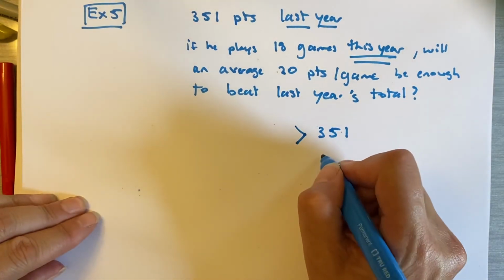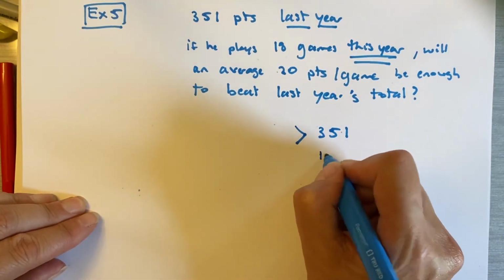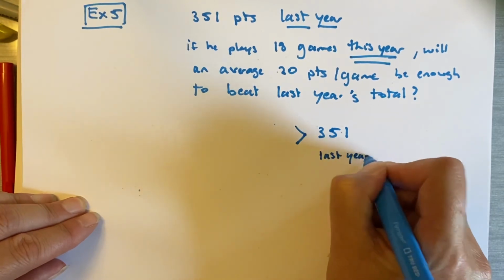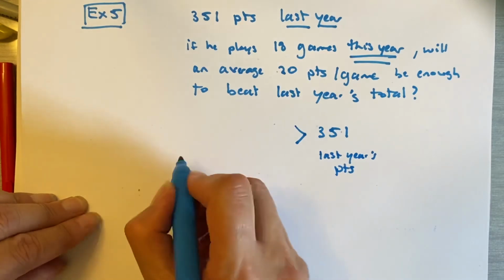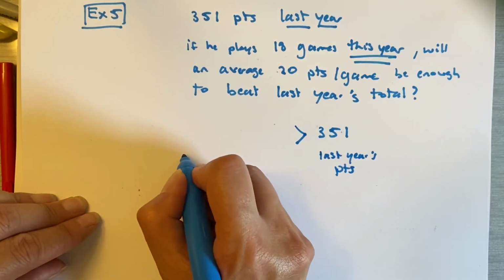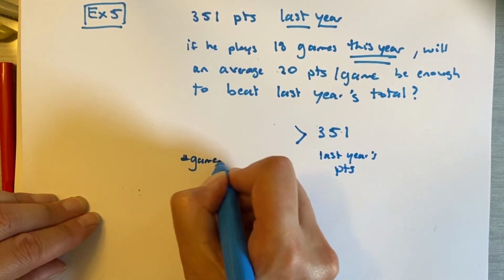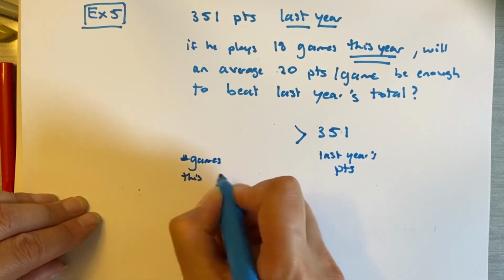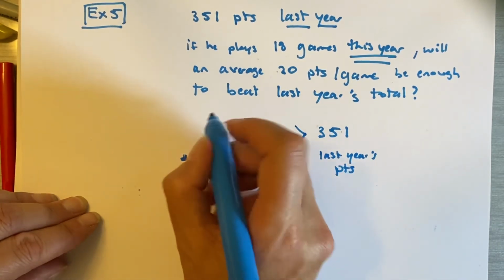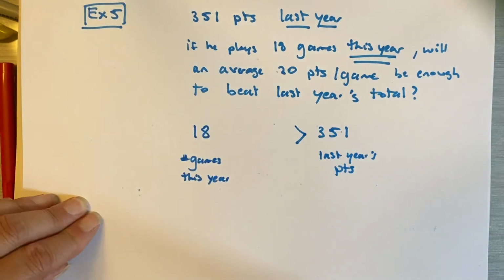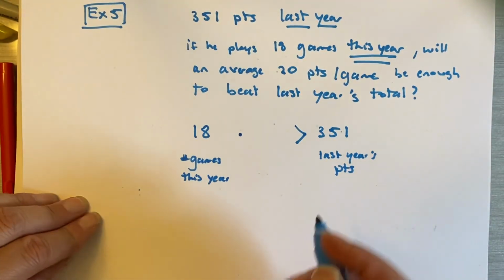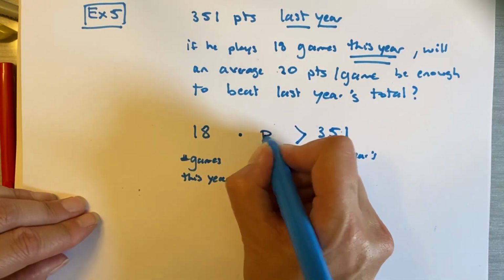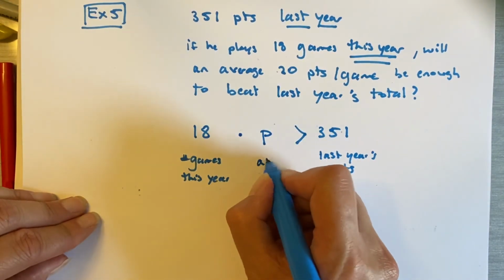So this is points, this is last year's. He wants to beat it. And we've got games this year. He has 18 games to do this in. And we don't know P, the average points per game.